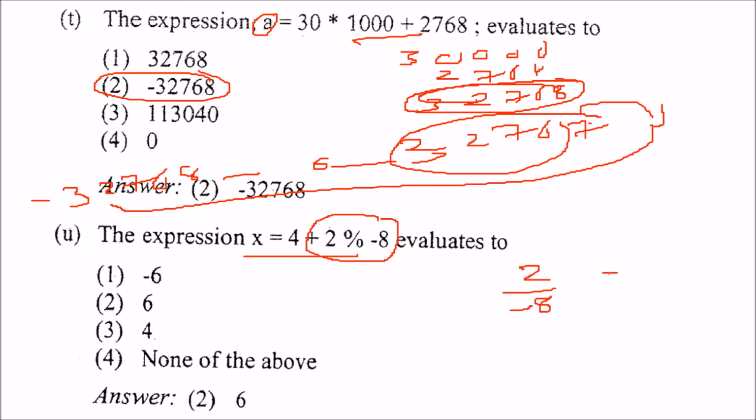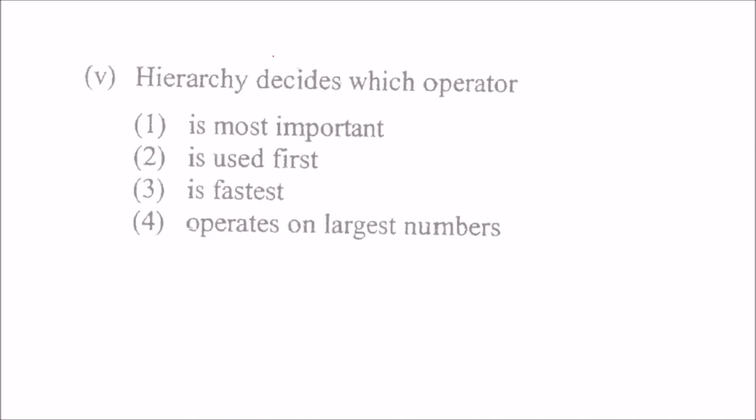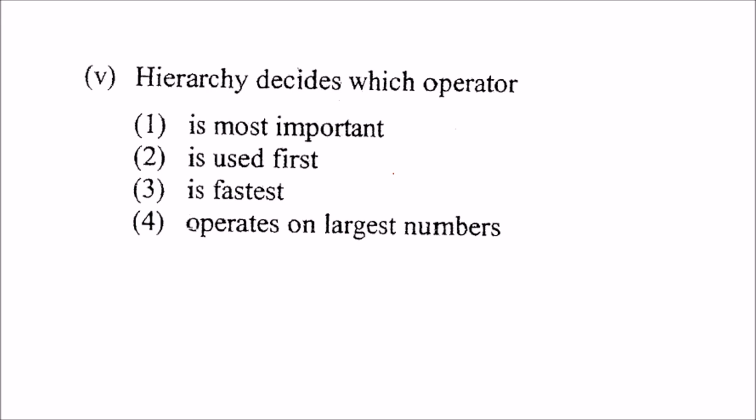Modulo will always give you the value. If this is higher and this is lower, you will get this value only, always. So this 2 will be added with 4, and you get 6. Hierarchy decides which operator is used first. So the 2nd will be the answer.